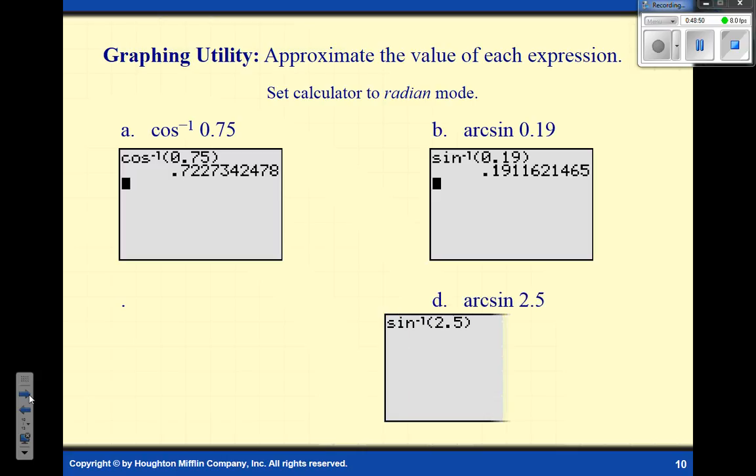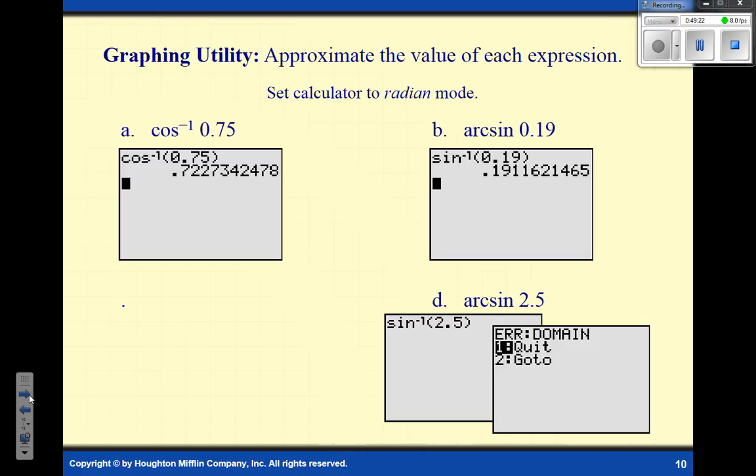Okay, one more. Arc sine 2.5. Why am I getting an error message? Yes, very good, because it's over 1. We cannot make a sine ratio such that the hypotenuse is less than the other sides, right? Think about it. This says sine is 2.5, so let's turn that into an improper fraction.